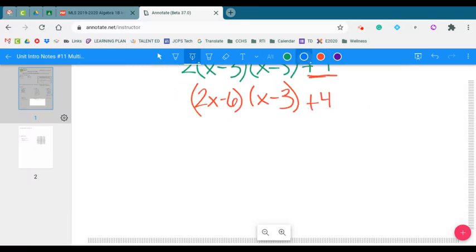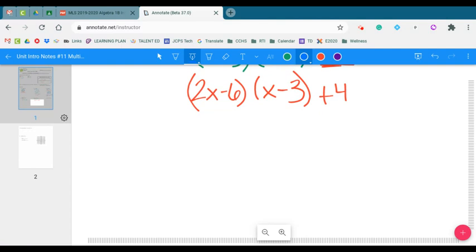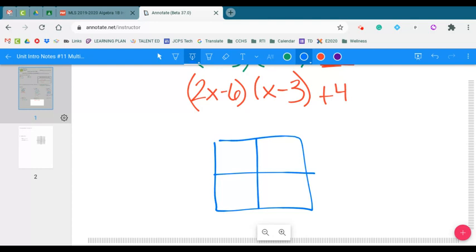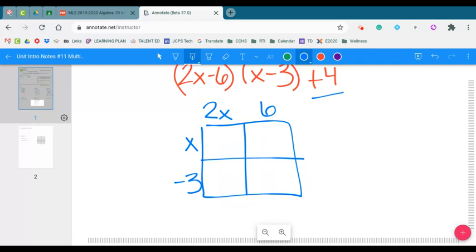So then I'm going to create my box. I have my 2x minus 6, my x minus 3, and then this plus 4, and I'm going to add it to my constant. I know there's going to be a constant in this bottom corner, so it's going to go by itself.